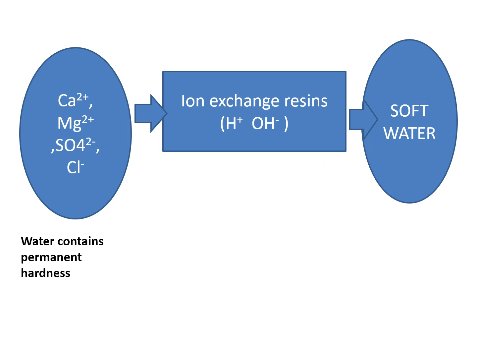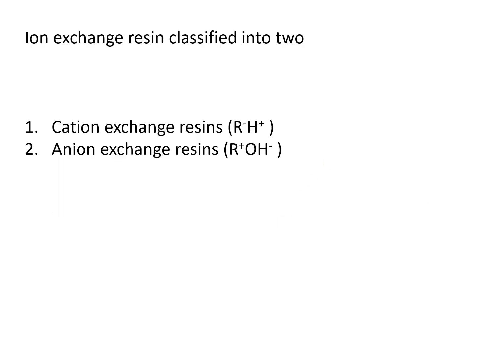We have two types of ion exchange resins: cationic ion exchange resin and anionic ion exchange resin. Cationic ion exchange resin always carries H plus ions as the exchangeable ion, and anionic exchange resin always carries OH minus ions.